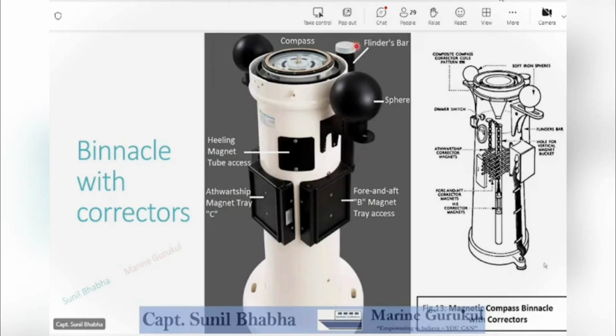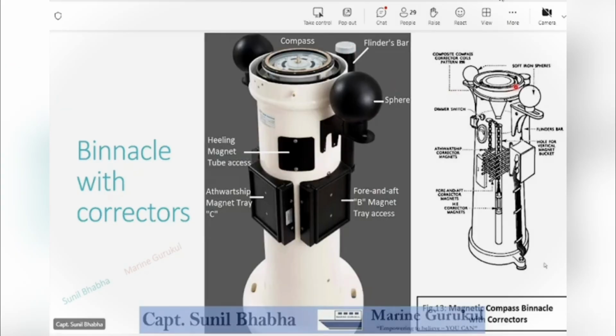Why is it fitted forward of the compass? Because it is compensating or correcting the magnetism of the funnel. The funnel is fitted aft of the compass. On a normal merchant vessel, you will have the funnel aft of the compass. So to counteract it, the Flinders bar is placed forward of the compass.